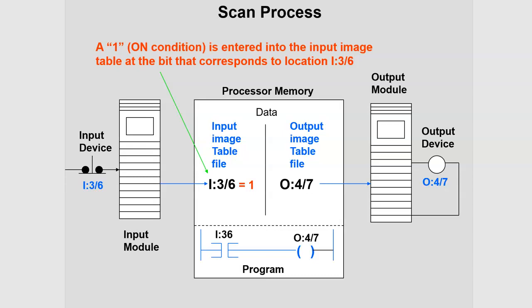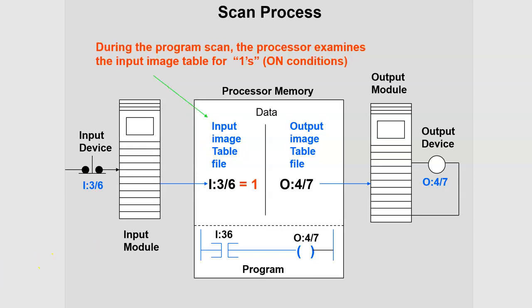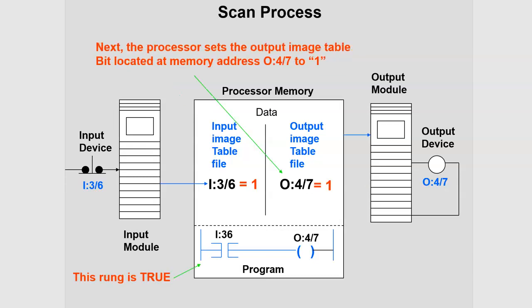So we'll walk through it. Now the switch is closed, so there's a 1 there. So there's a 1 here. Switch is closed. This is the examine if closed, so it's looking for a 1. It looks here, it sees a 1 there.